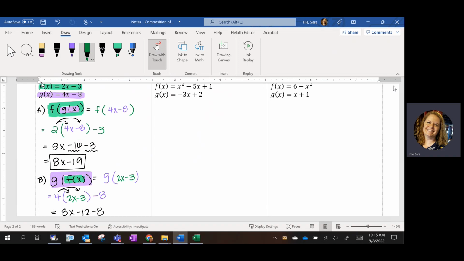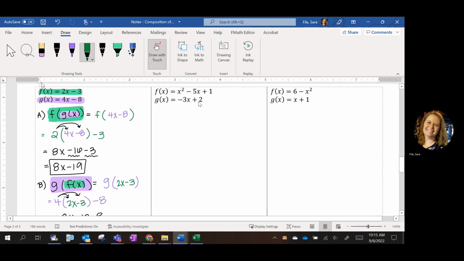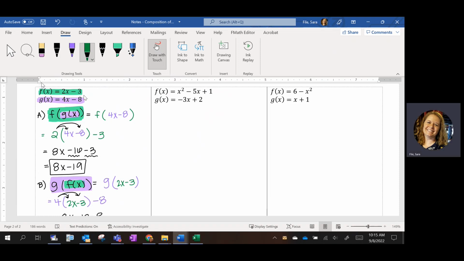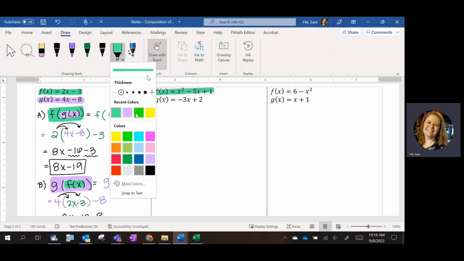What do you notice about this second practice problem? What types of functions are these? If these are linear functions, what's g of x? In the second one, that's linear. Okay, but what's f of x? That's quadratic. So this time f of x is quadratic instead of linear.